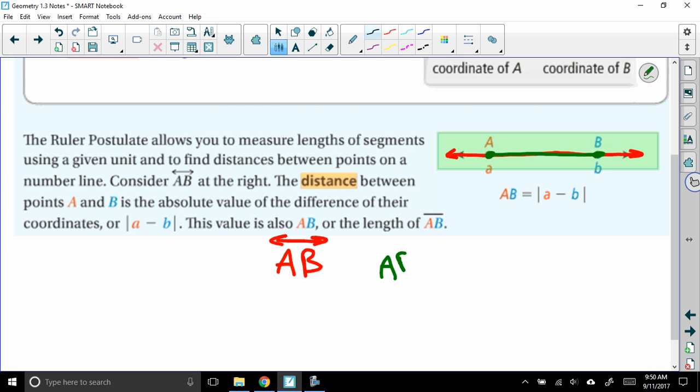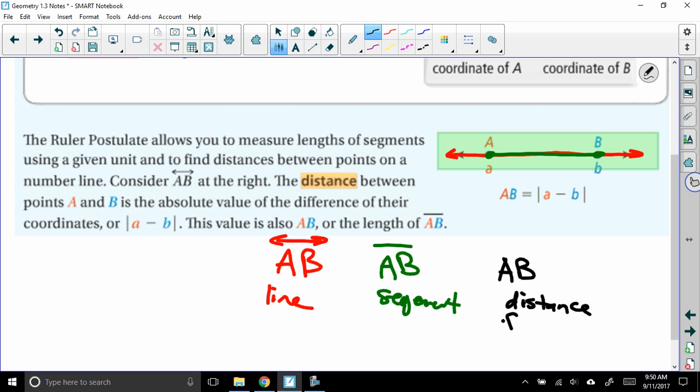So that's where you're talking about the segment, and here's where you're talking about the line. Well, the second you take the symbol off of it, you're talking about the distance from A to B, or the actual length of that segment.